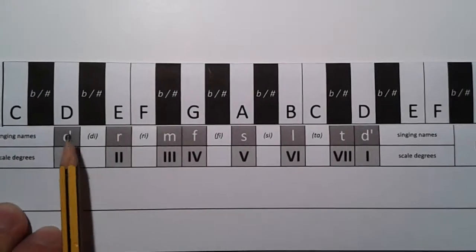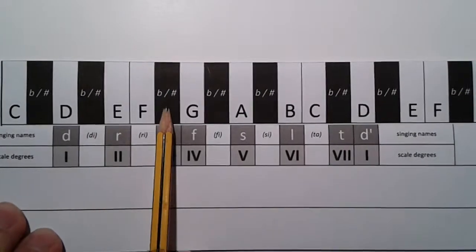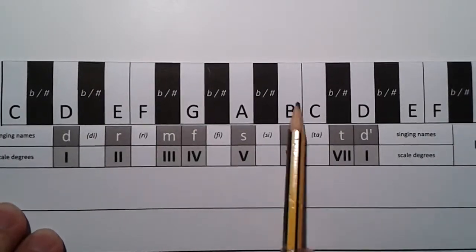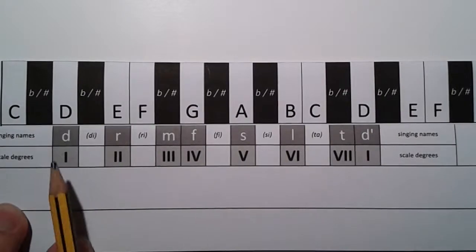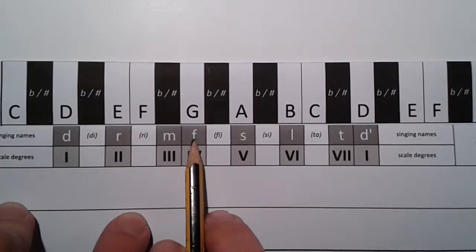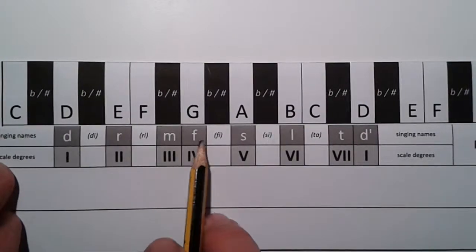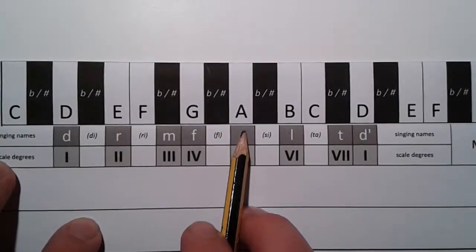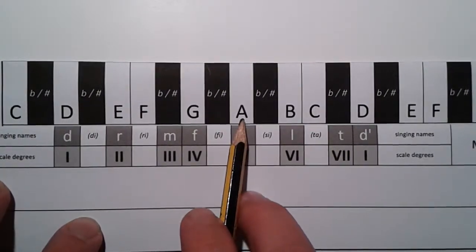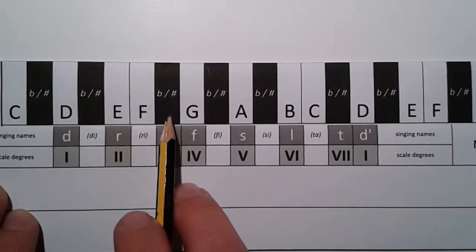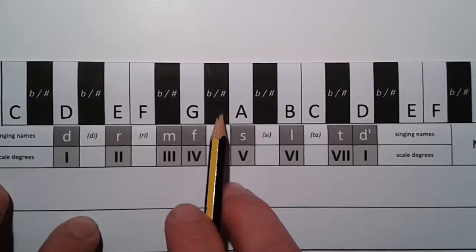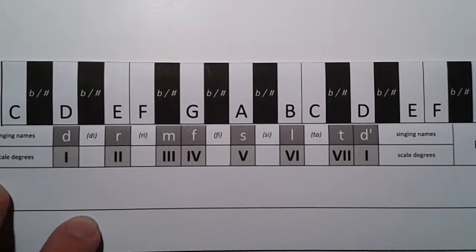So here's D major, D, E, F sharp, G, A, B, C sharp, D. And if we change the fourth note, the fa to fi, we go do, re, mi, fi. So we're pushing up to the next note, D, E, F sharp, G sharp, A, and we have the scale of A major.